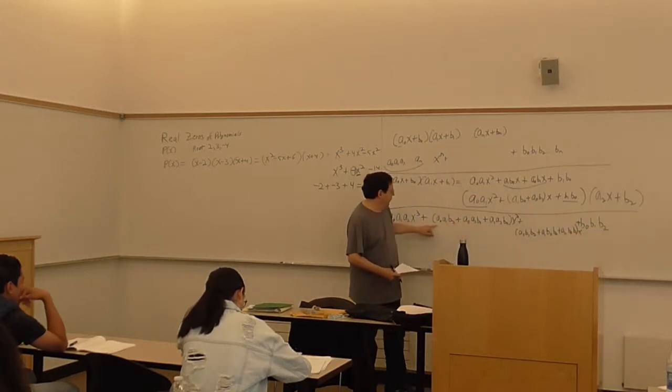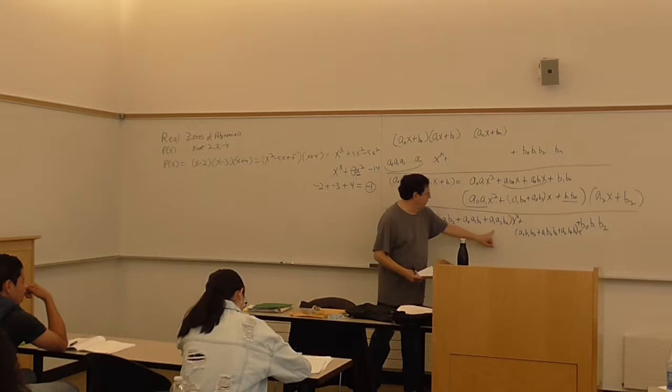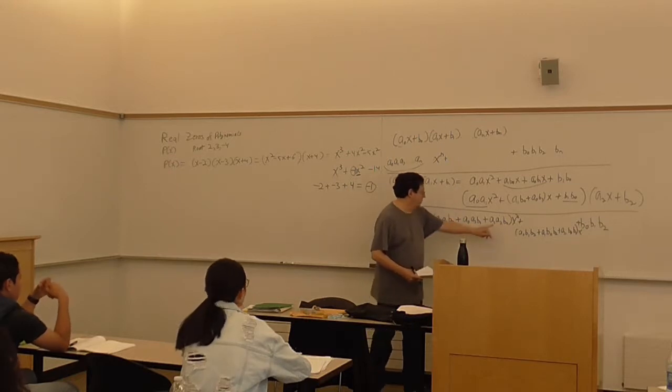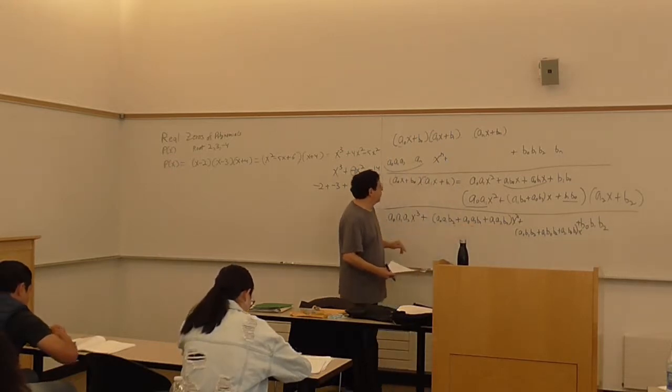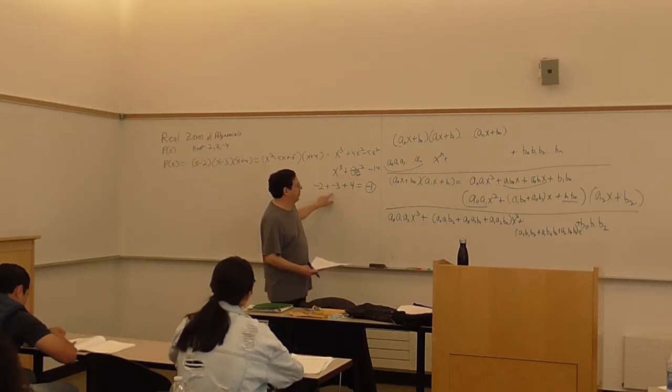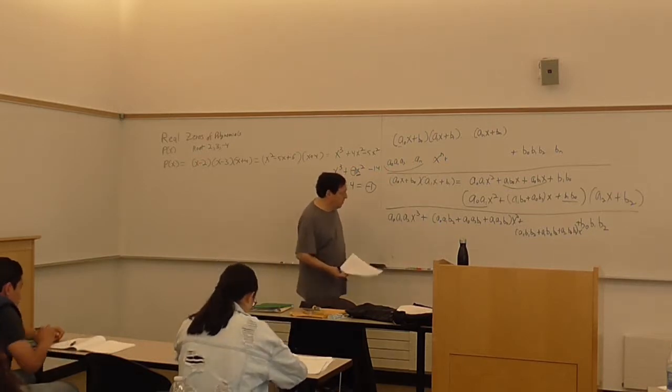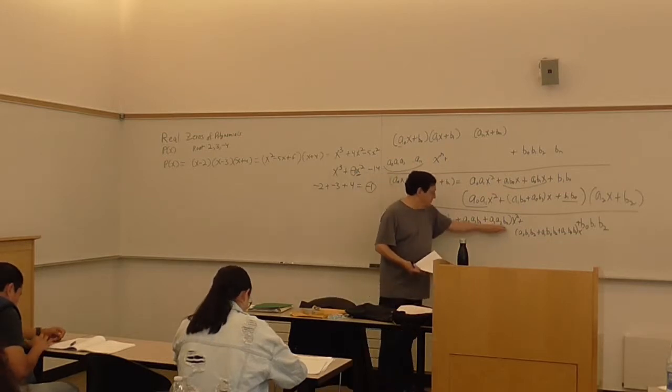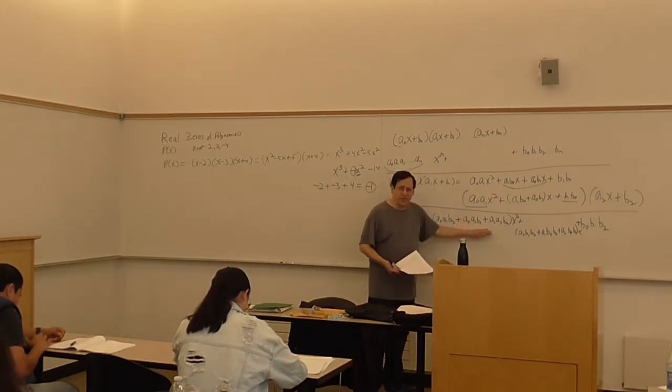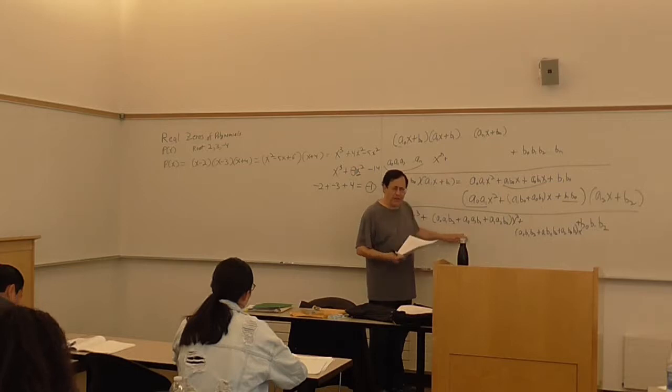And again, I can notice that if all the A's are 1s, this is just B0, B1, B2, the sum, just like I said here. So this isn't a coincidence. If you look here, you kind of see a pattern growing.